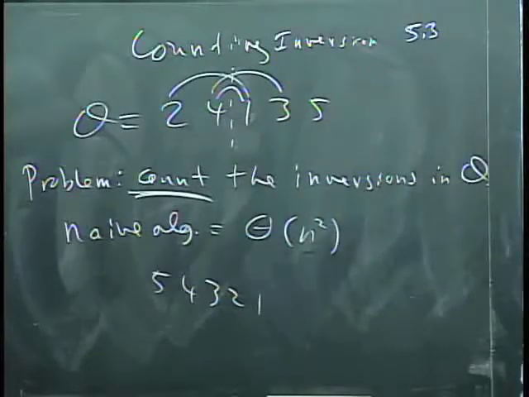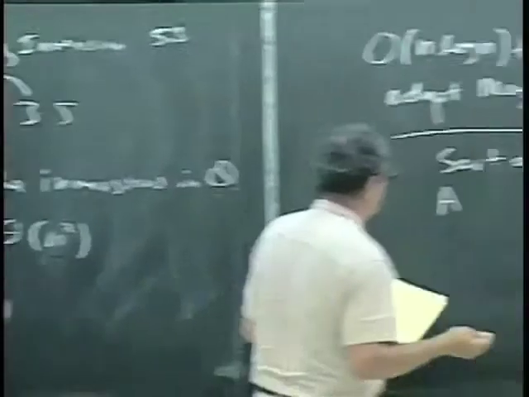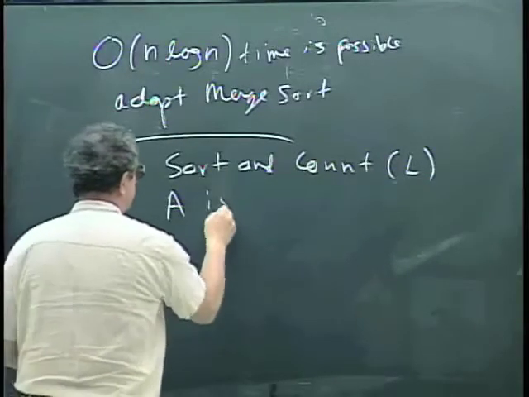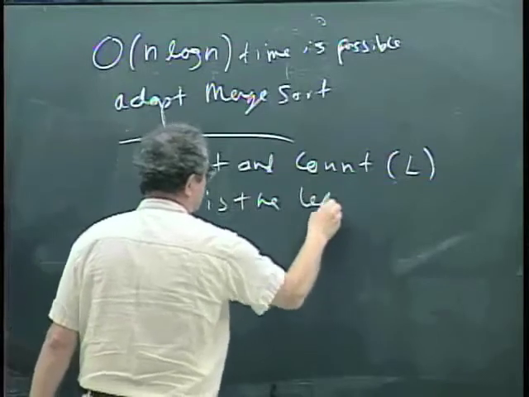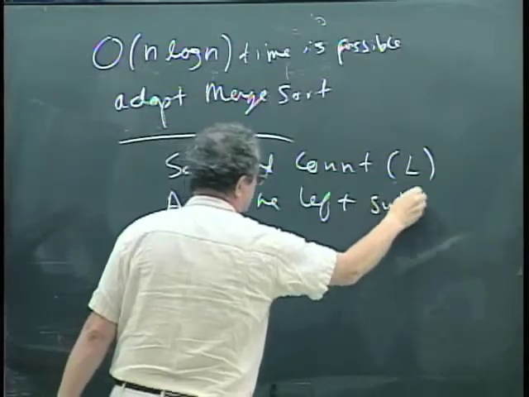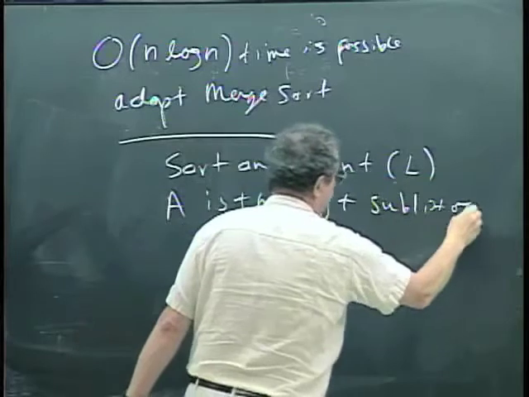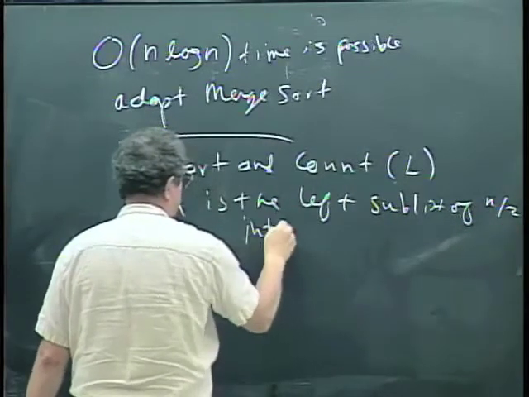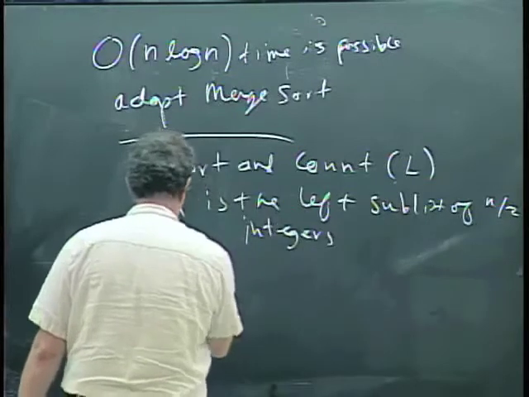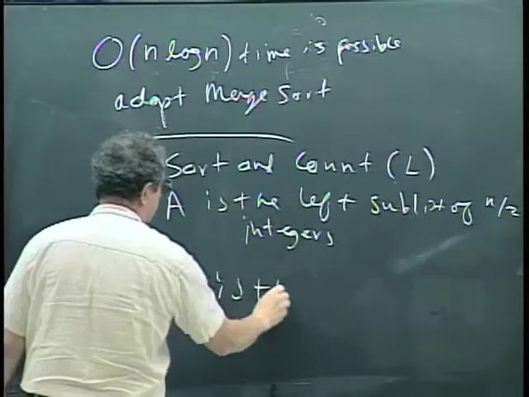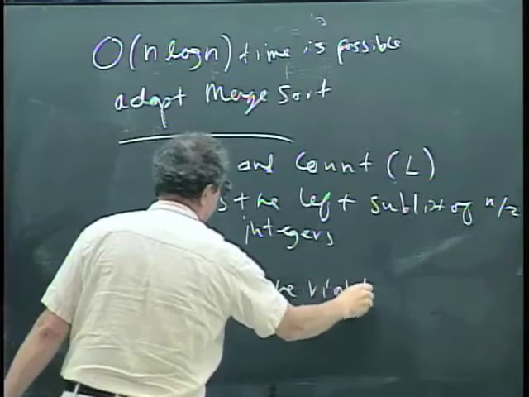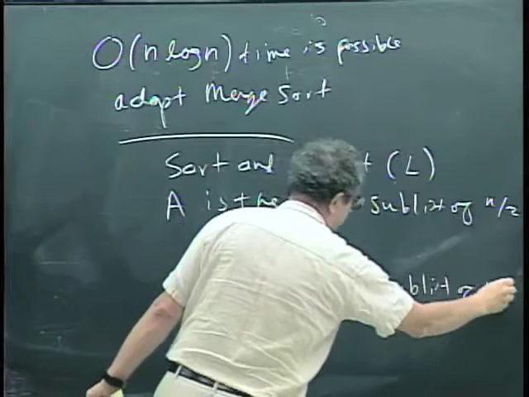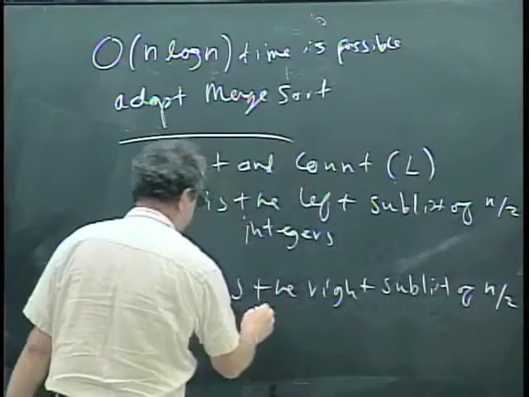So we'll want to divide the list so we have the left-hand side and the right-hand side. We don't need to give them different names, but the book does. A is the left sublist of n over 2 integers, and B is the right sublist of n over 2 integers.